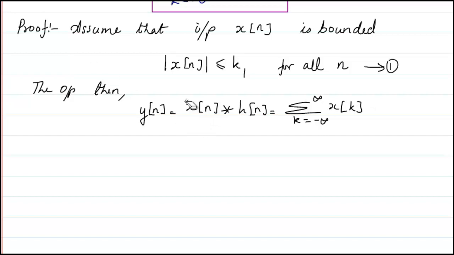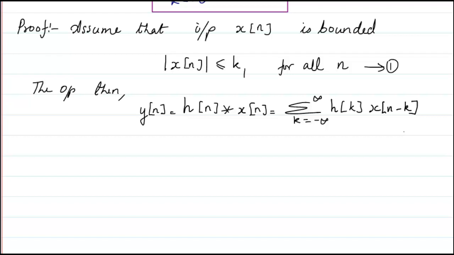But suppose I use the commutative property. So if I write h of n and x of n, in that case it will be h of k x of n minus k.